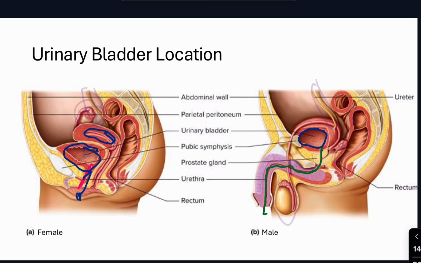And due to that, you're going to have a little bit of compression over here onto the urinary bladder, which kind of is the reason pregnant women always have to pee, right? And it's not their fault. It's like literally their bladder is being pressed from the inside. So that kind of makes a little bit of sense.